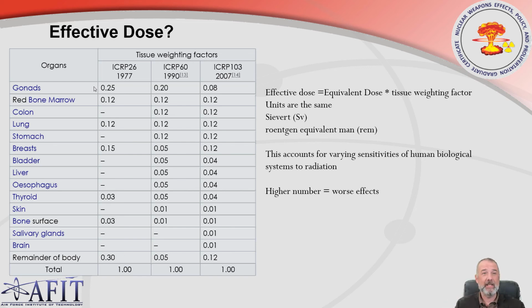Same with your salivary glands, and surprisingly enough, your brain's not super sensitive to radiation. And then we have grouped together the so-called remainder of body, which covers all of the other different systems, where each individual system is not up to that 1% level.